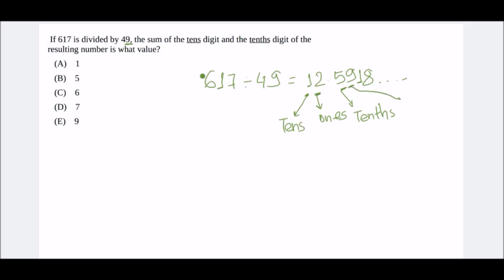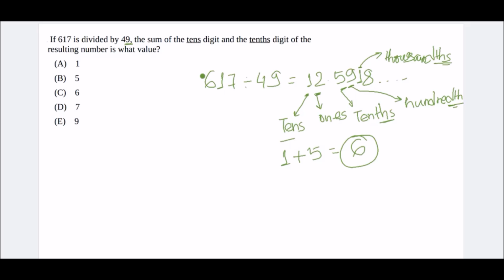And this position is hundredth, and this position will be thousandth. So after the decimal, the th is added here and also here, so be careful about it. So we have to find the sum. For tens, the value is 1, plus the tenth digit is 5. So the answer becomes 6. 1 plus 5 equals 6. The answer is option C.